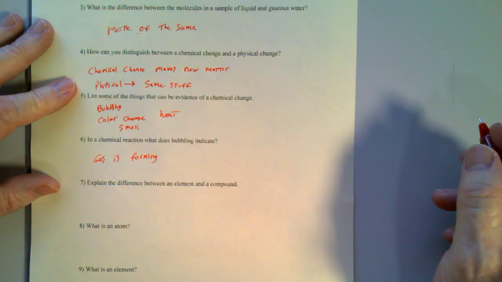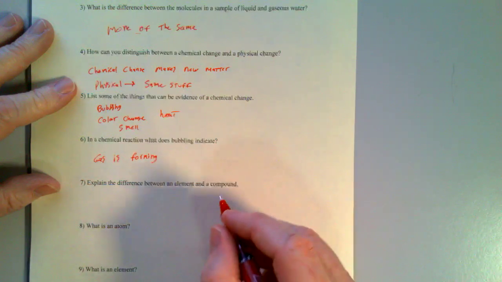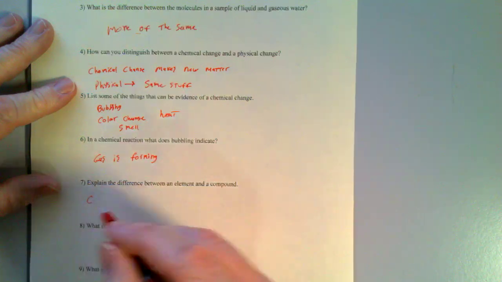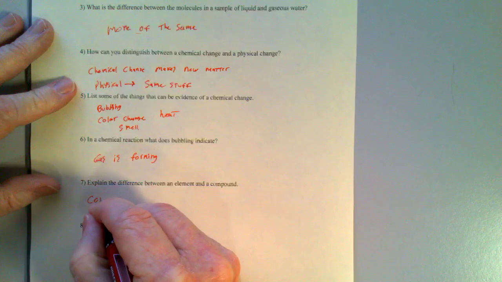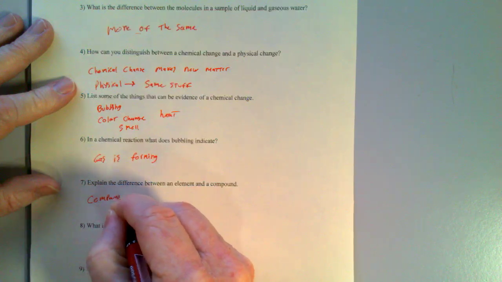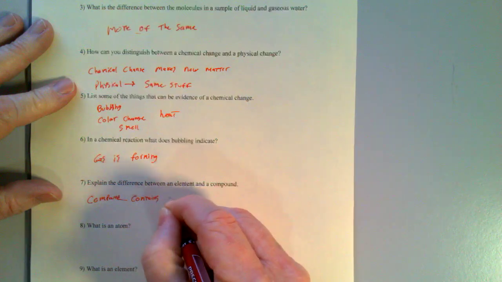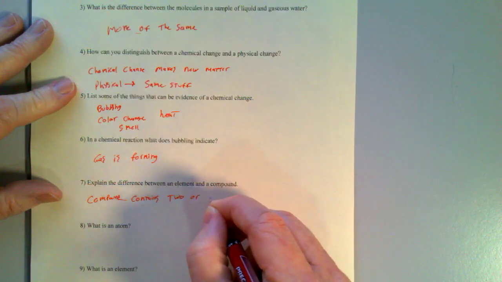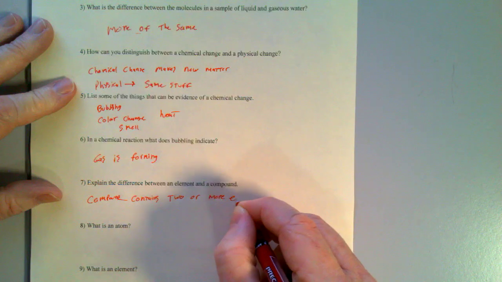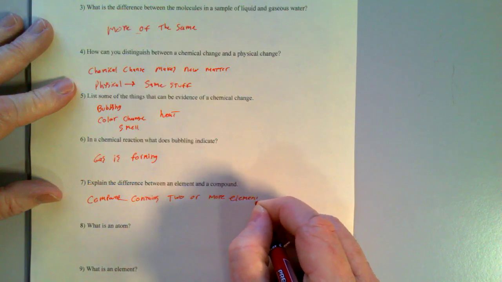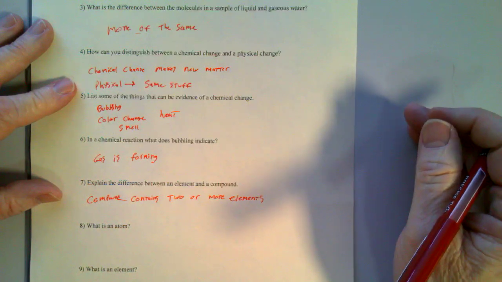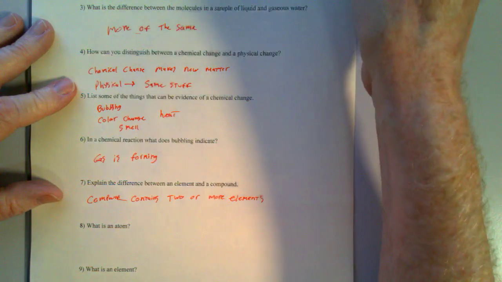What's the difference between an element and a compound? A compound contains two or more elements. You will not find compounds on the periodic table. What's an atom?